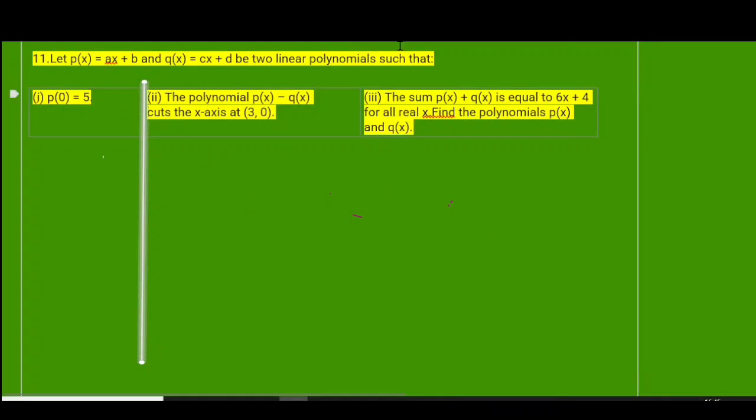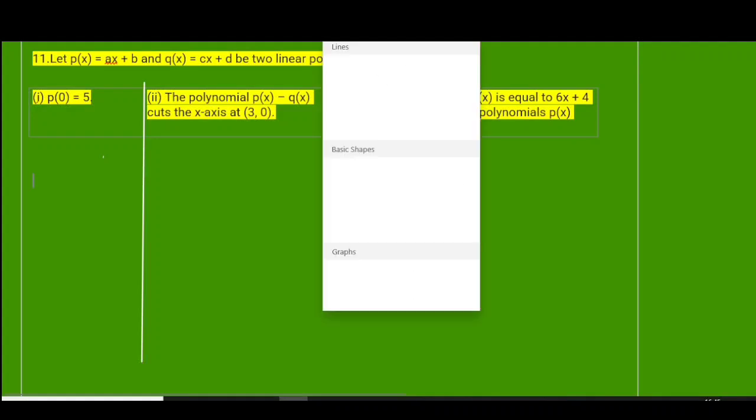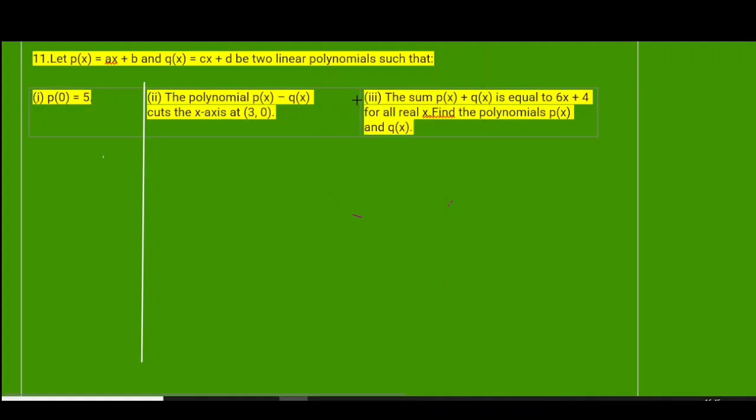First subdivision is very easy. You can replace x with 0 in P of x and we will be getting a value. Now we can find it easily.